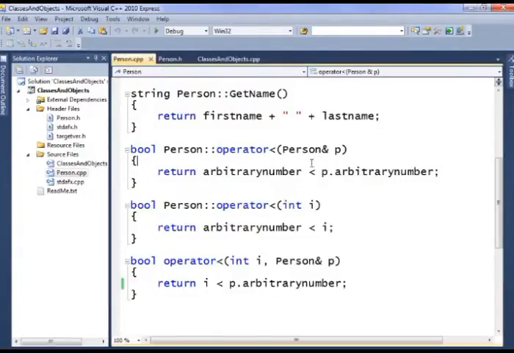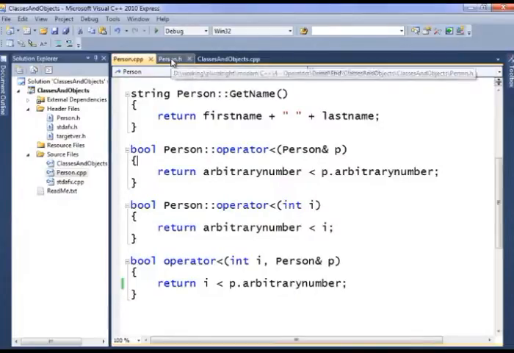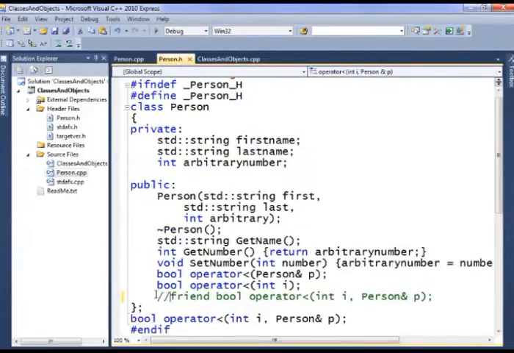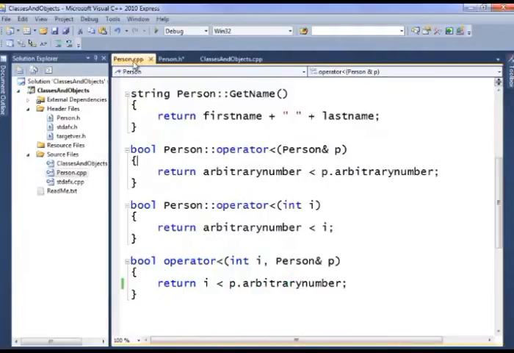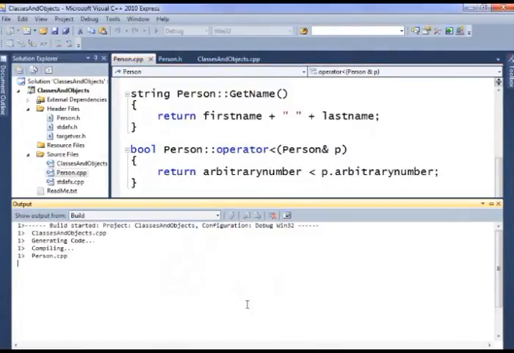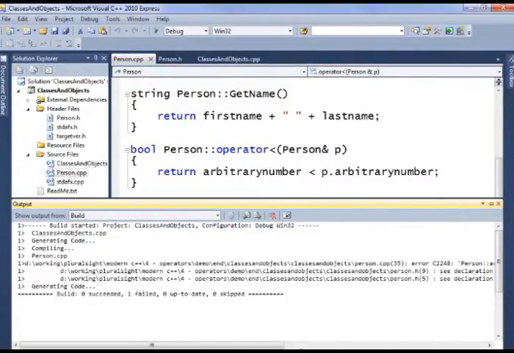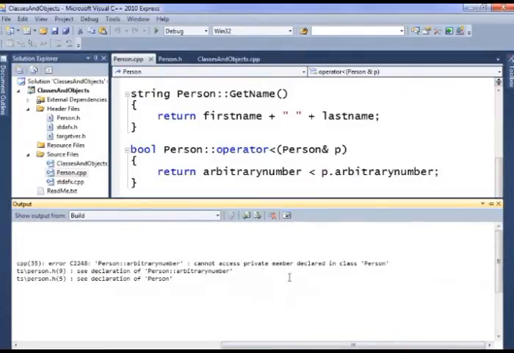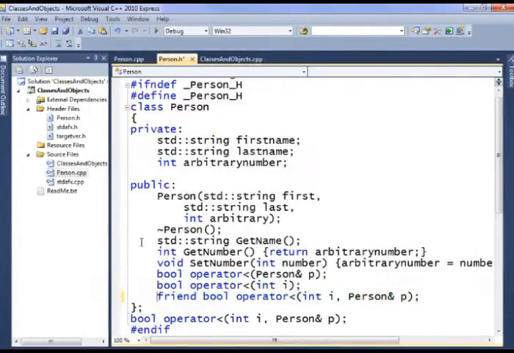And indeed it does. Without the friend statement, I get error messages, basically saying I can't access that private member arbitrary number. So the friend statement was what made the exception and that made it possible for that operator to access the private variable.